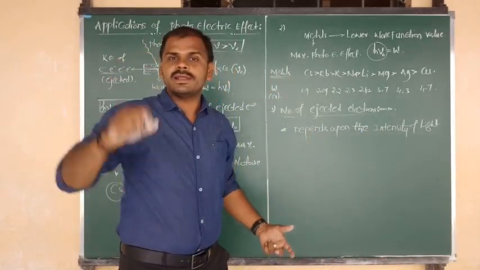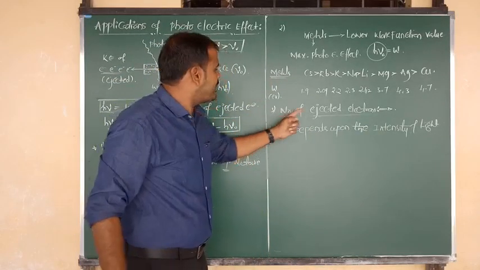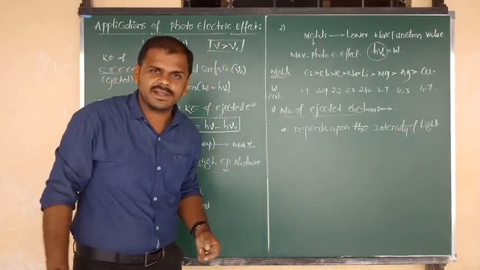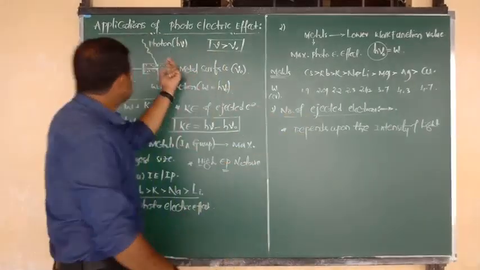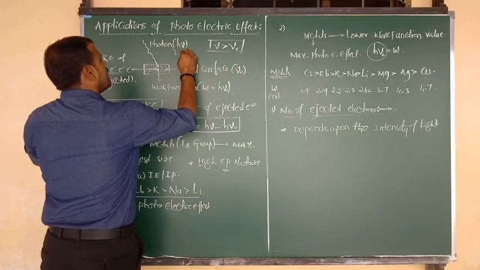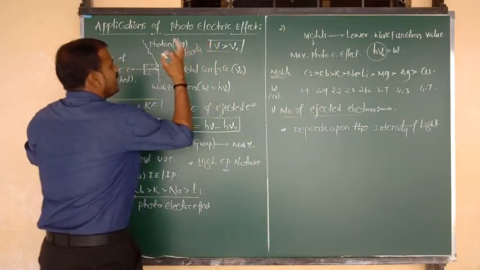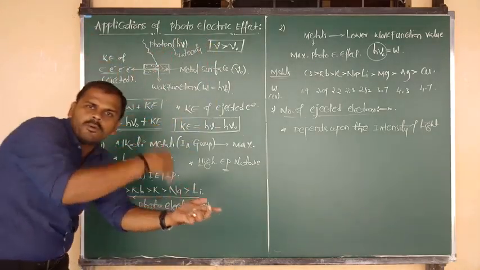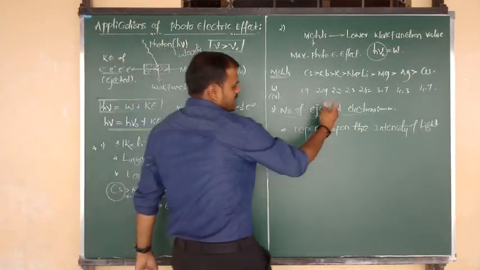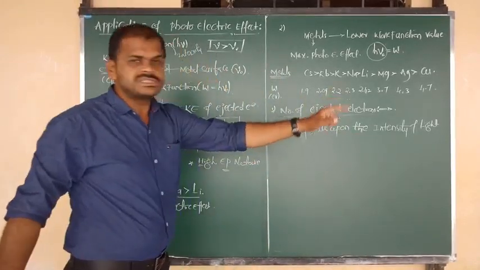So based on intensity, based on brightness, we can get more ejected electrons. The number of ejected or released electrons depends upon the intensity of the incident photon. So the number of ejected electrons is directly proportional to the intensity of the light.